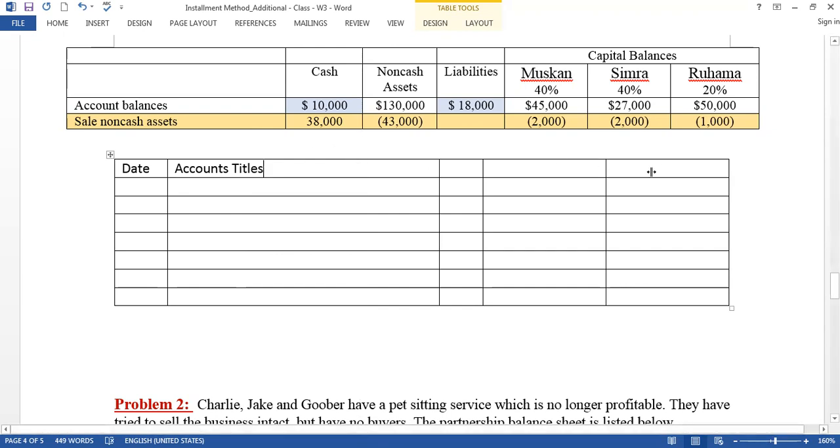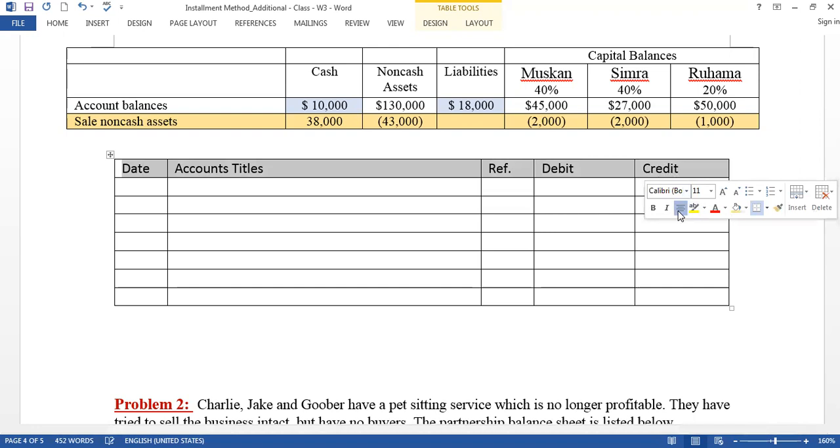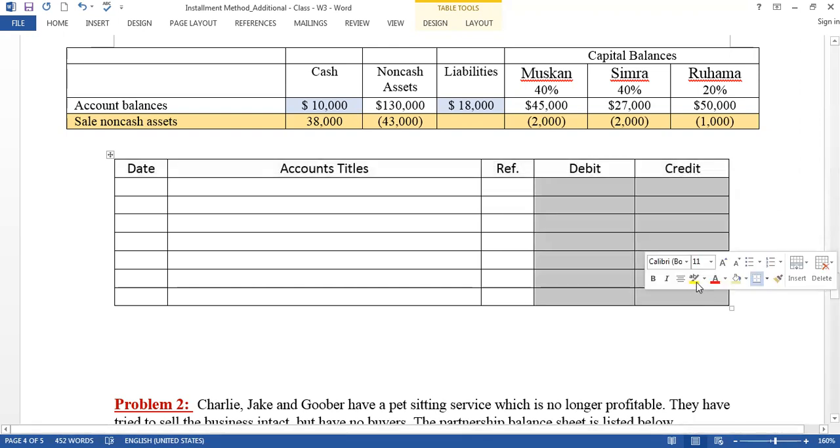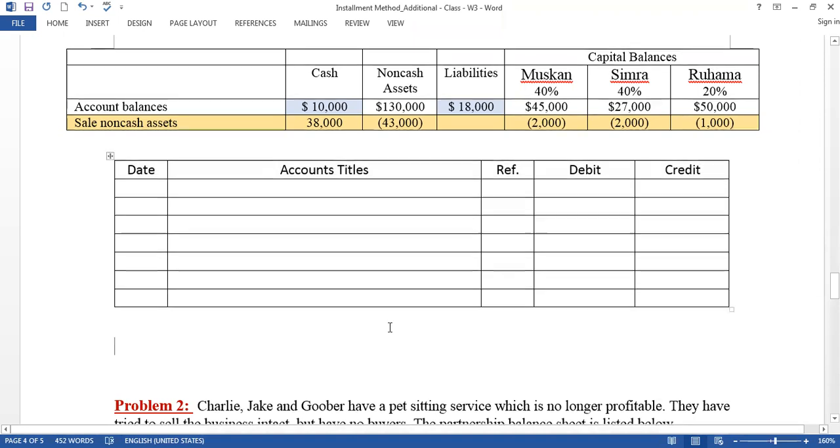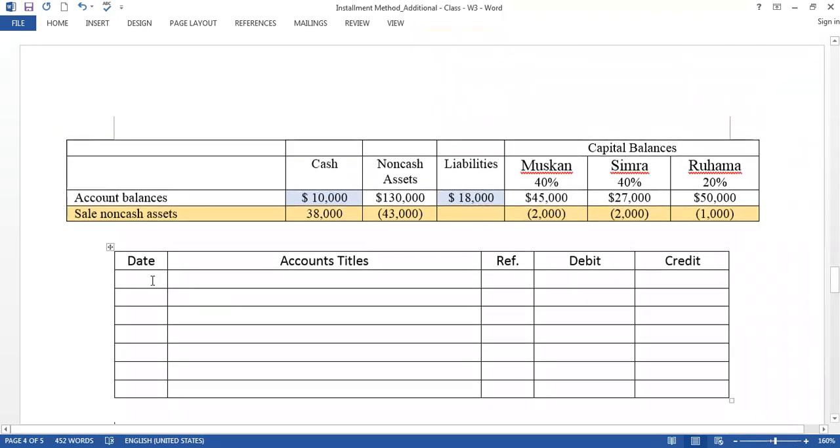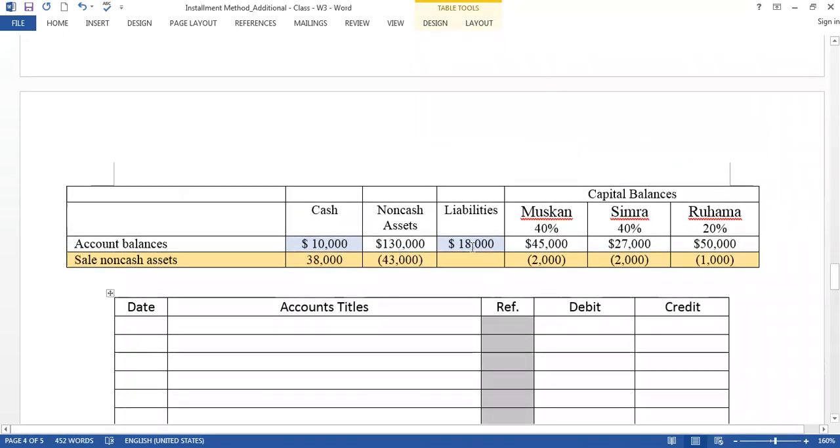Then we have several columns for the journal entries. So you don't need to put anything in the date and reference. You can put the number. If I ask you for some number, you can put the date in as a number.